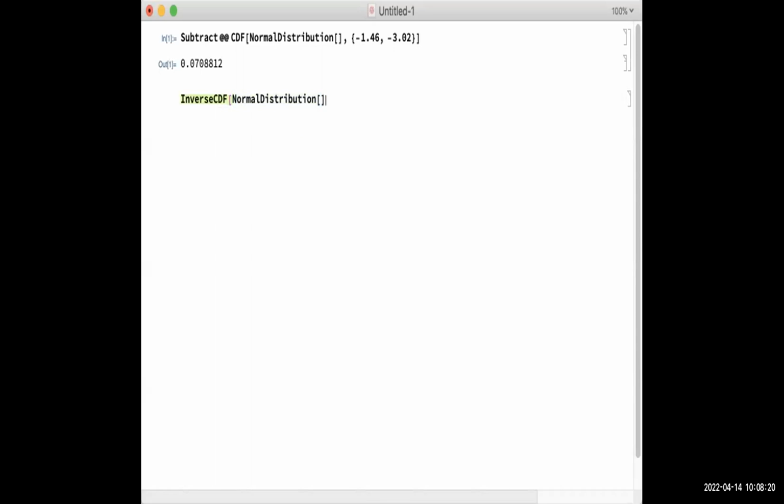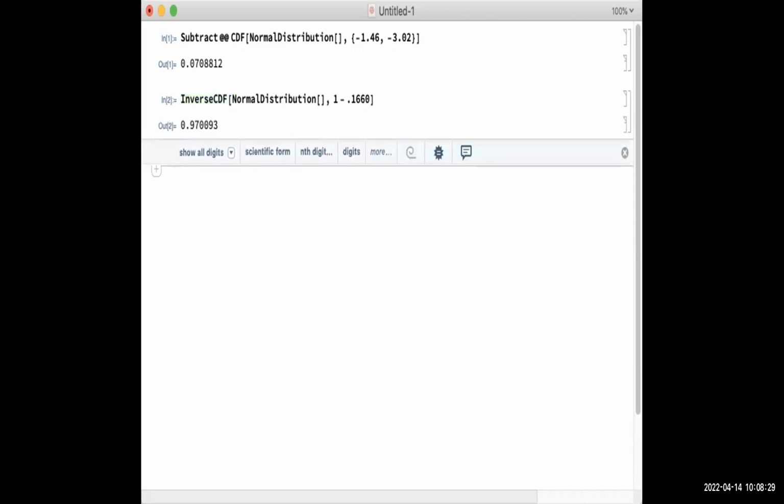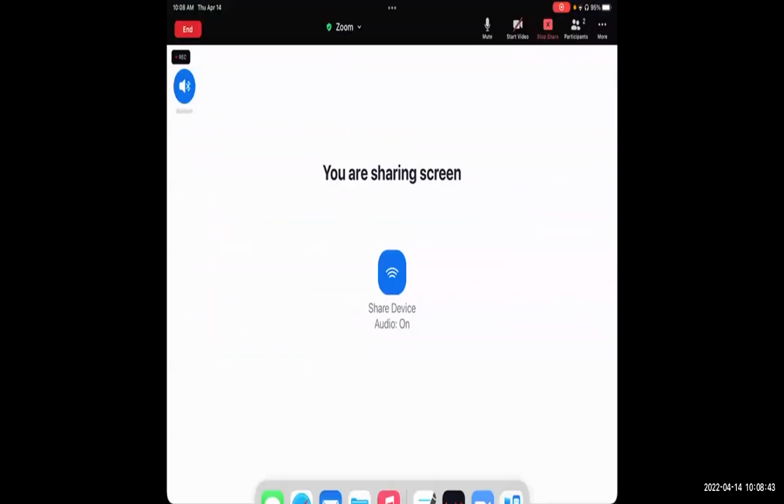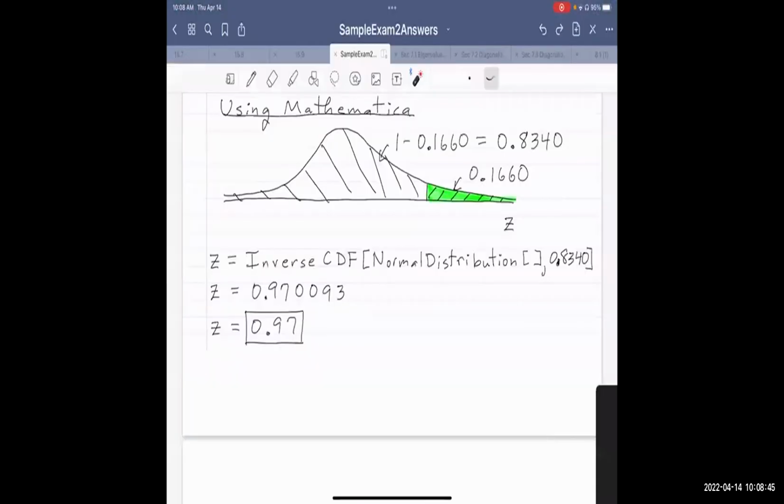I don't need any parameters, it's standardized, and this is 1 minus 0.1160. And I get 0.970093.